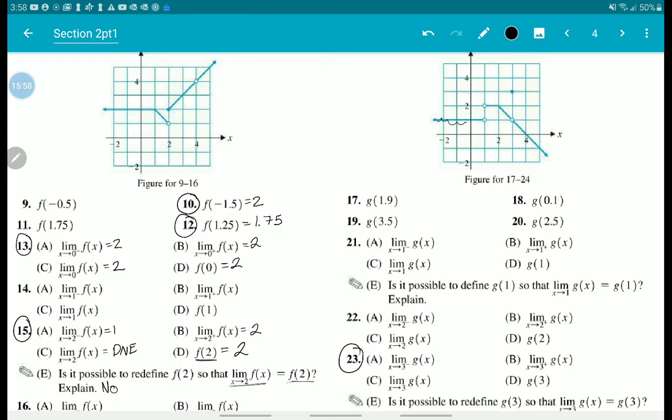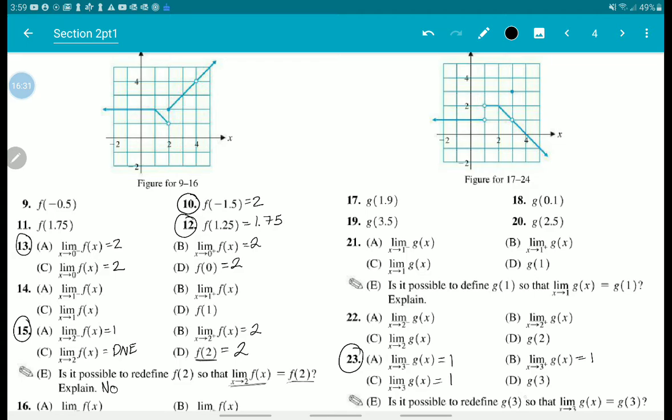So as x approaches 3, that limit is going to be equal to 1. And that's from the left. Now if I come in from the right and I get close to 3, notice that y value is also equal to 1. Because the left and the right hand limits match up and they're going to the same place, then we have the limit exist at 3 and that limit is equal to 1.